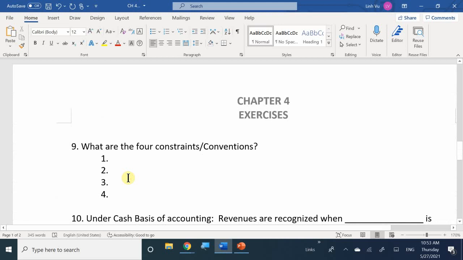All right. Number 9, what are the 4 constraints or conventions? So we talked about this. You just need to know what they are. Cost benefit. Cost benefit, good.